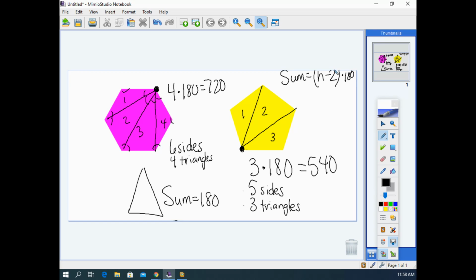So I could give you a 10-sided shape. For example, let me add another slide.